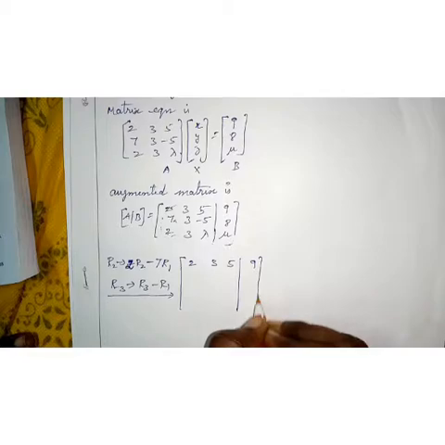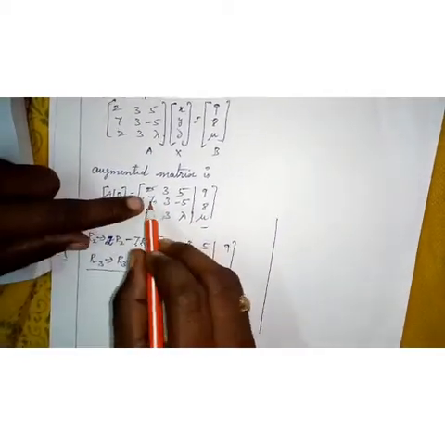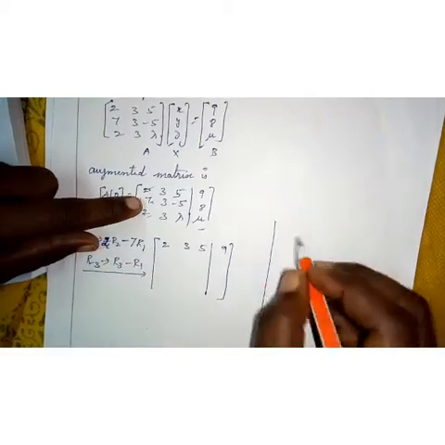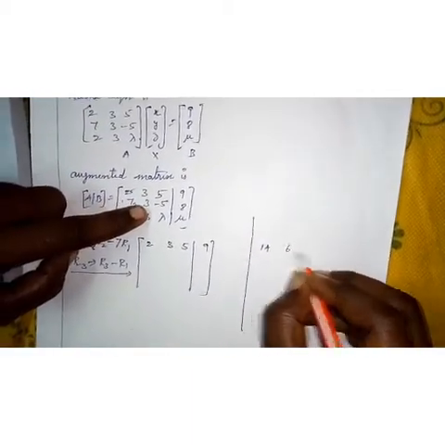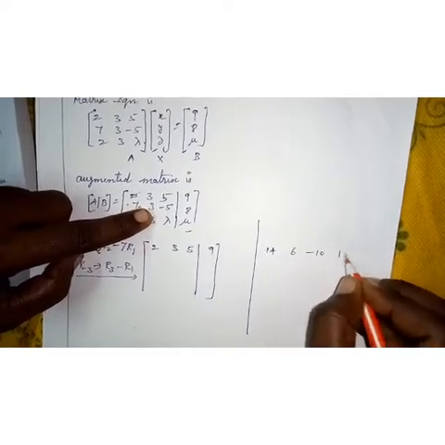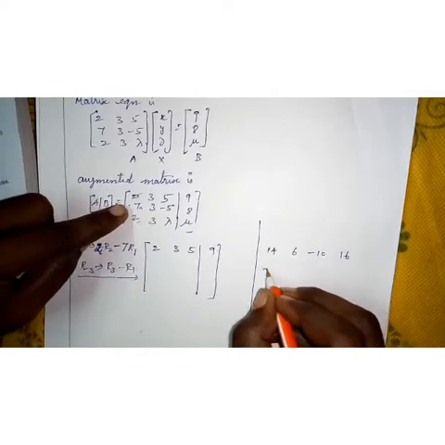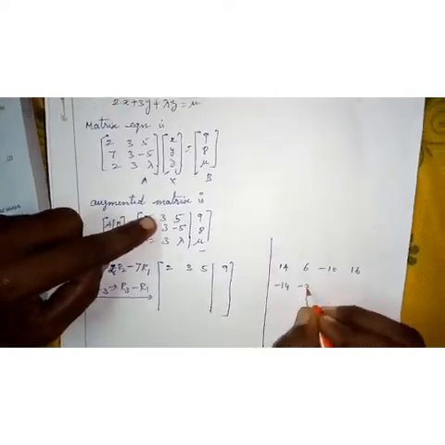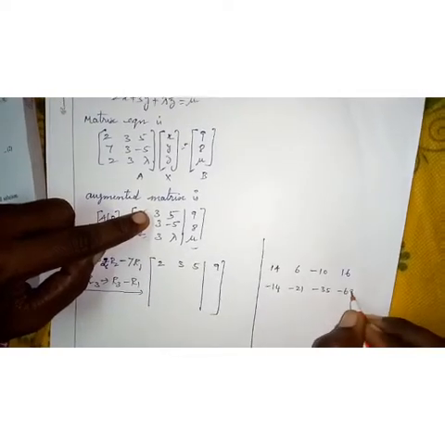This is 9. Using a rough column, the second row you multiply by 2. So what will come? 14, 6, -10, 16. Then multiply the first row by 7: 14, 21, 35, 63.